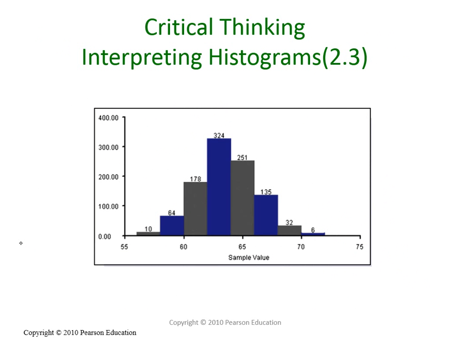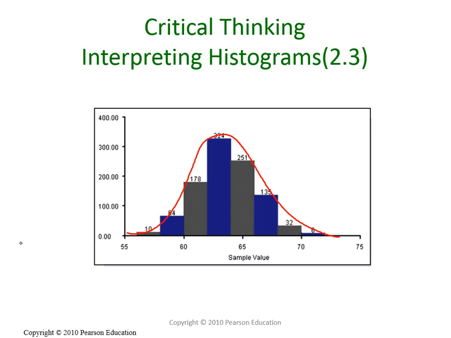This one is an example of a good normal distribution. When you talk about things that happen in real life, it's not going to fit the exact pattern perfectly, so you're not going to have a perfectly normal distribution. But we can see that it increases and then it decreases.